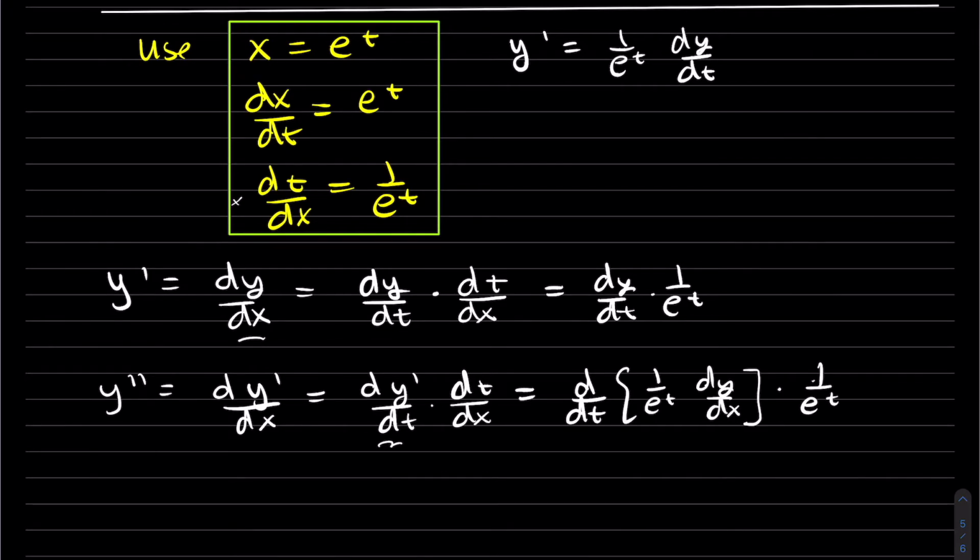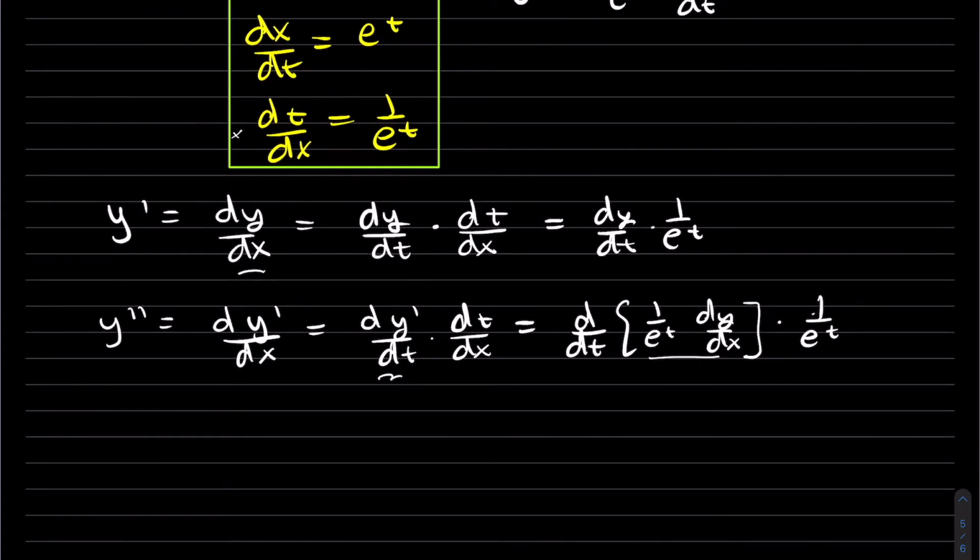So remember, this is the derivative of y prime, so we're replacing y prime. We'll take the derivative of that times dt dx, which was in our first box. So here we have to do the product rule.